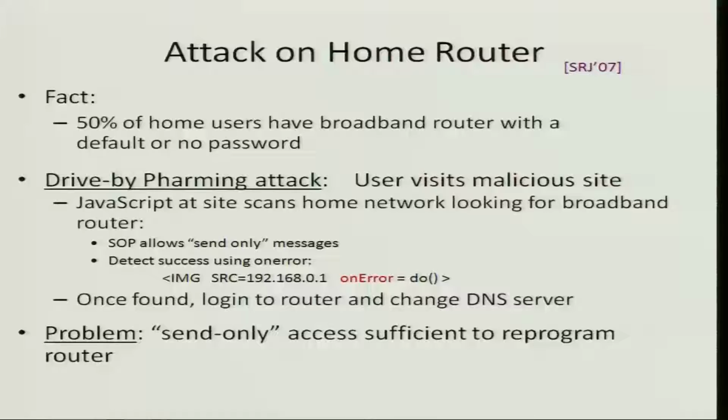So in that case, what may happen is what is called drive-by pharming. The user is fooled into visiting a malicious page and site, and the JavaScript at the site scans the home network. Remember the image tag that was used for doing this before. Once they find the home router, they actually log into the router and change the DNS entries.